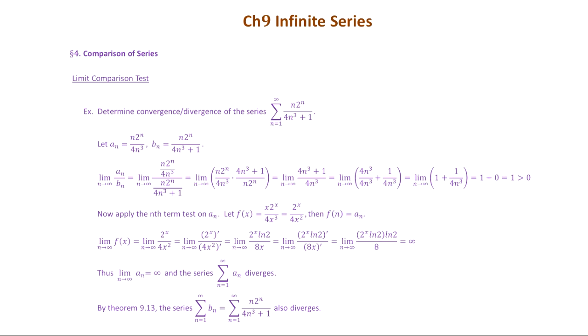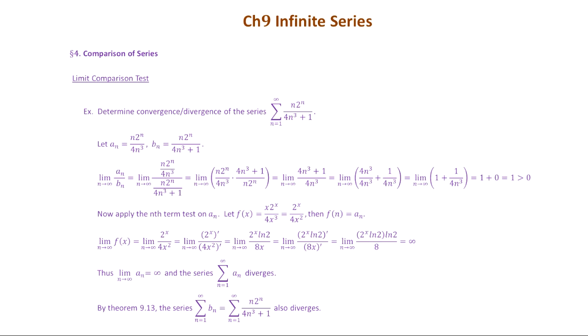So what you do is just take the derivative on the top and the derivative at the bottom, and evaluate the limit. On the top we already got ln 2 that we can take out. And then if you take the derivative of 2 to the x, you get 2 to the x times ln 2. So that's where you got ln 2 squared on the top.